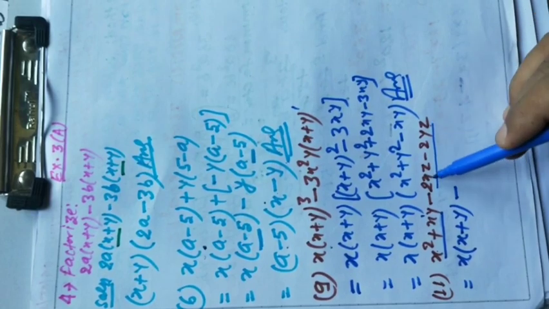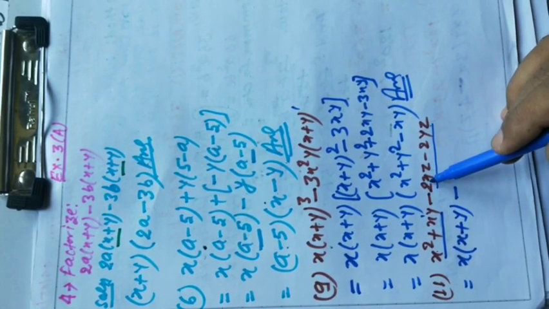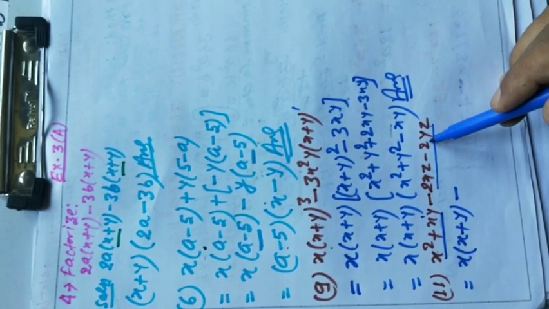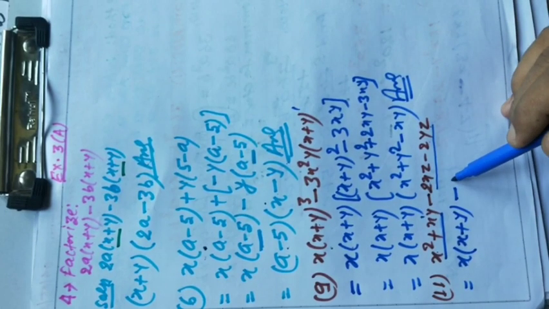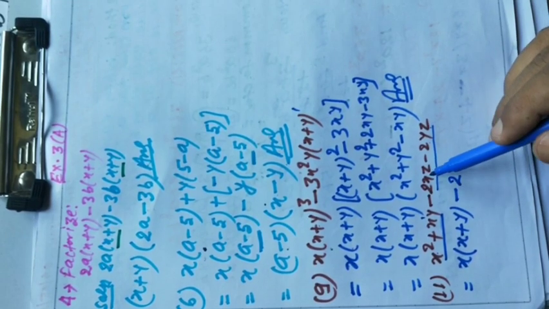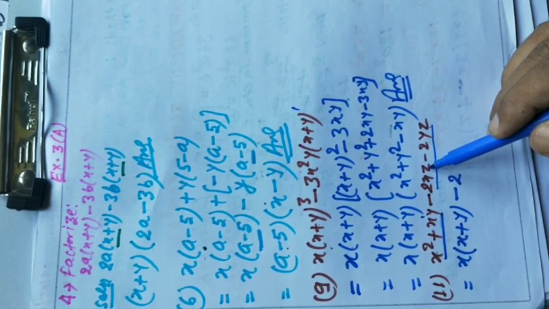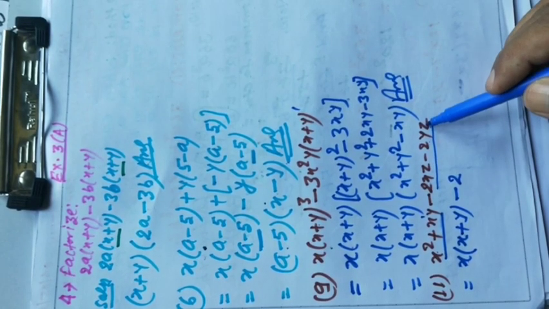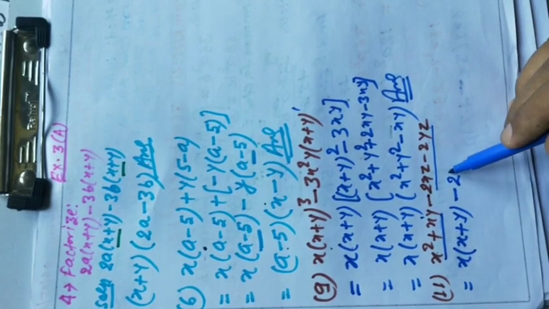Now in these 2 terms, 2 is there in the third term and 2 is also in the fourth term, so 2 will be common. A minus sign is there, so we have put here a minus sign, and now 2 is common, and z is there in the third term and z is also there in the fourth term, so z will be common.